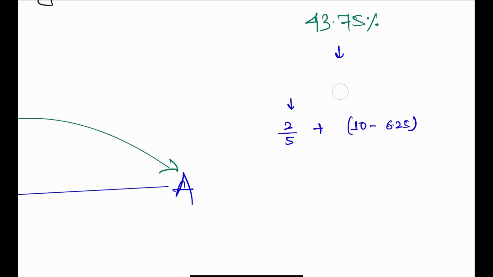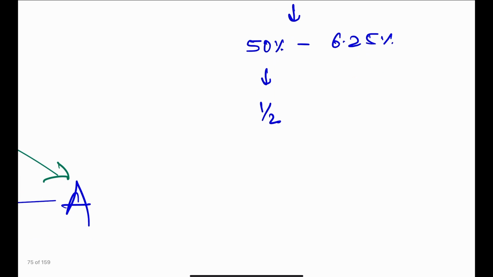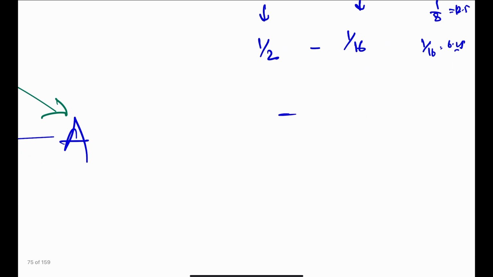It will be easier for me if I just do 50% minus 6.25%. So 50% is easy, 1 by 2. 6.25% is 1 by 16, since 1 by 8 equals 12.5 and 1 by 16 equals 6.25. So it will be 8 minus 1 over 16, that is 7 by 16.